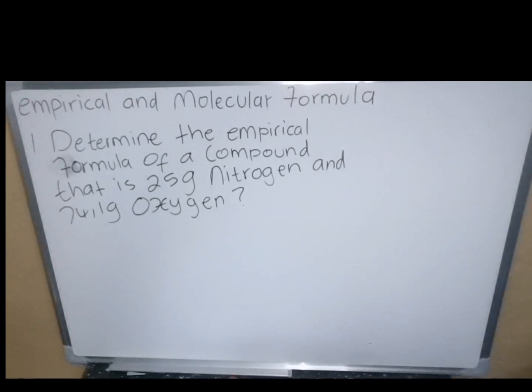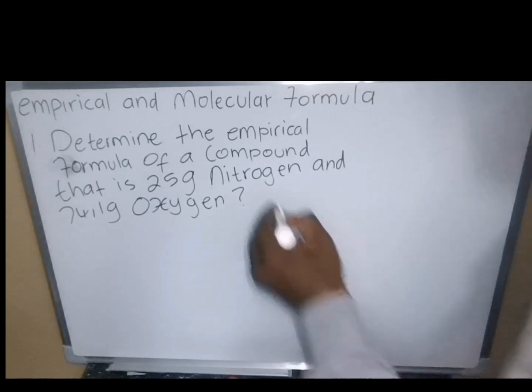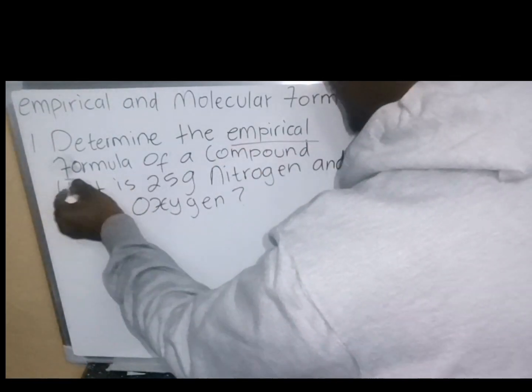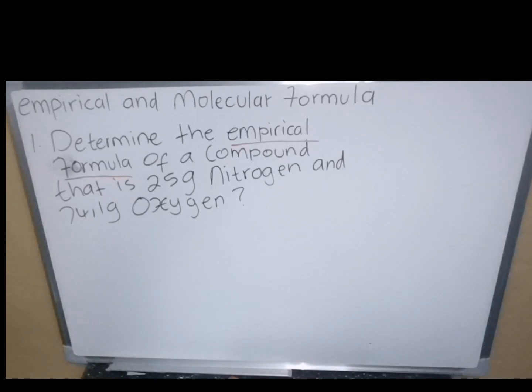Determine the empirical formula, very important, of a compound that is 25 gram nitrogen and 74 gram oxygen.